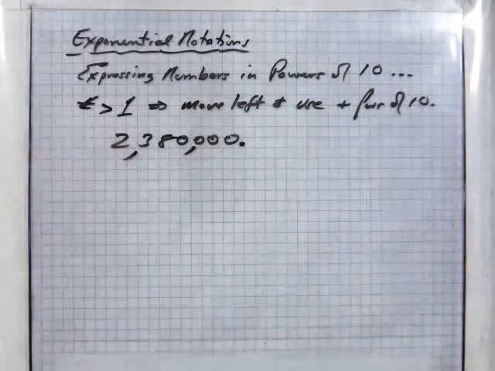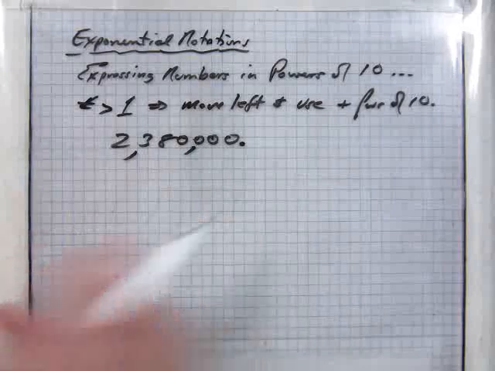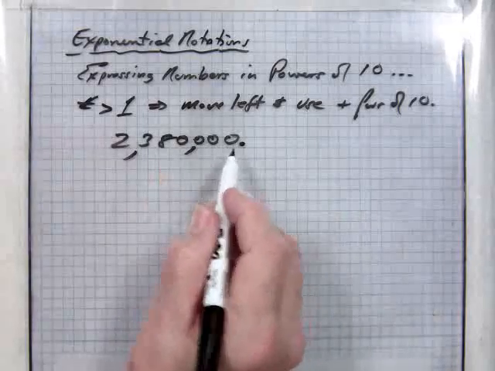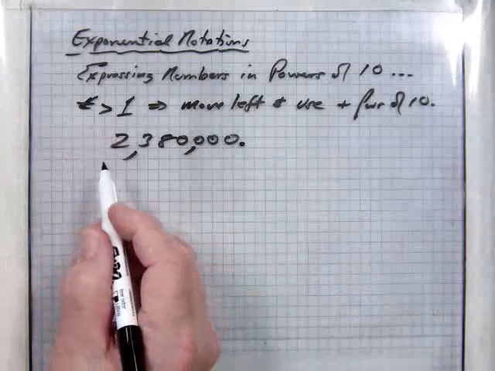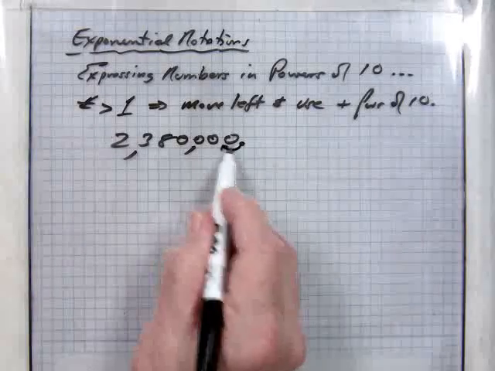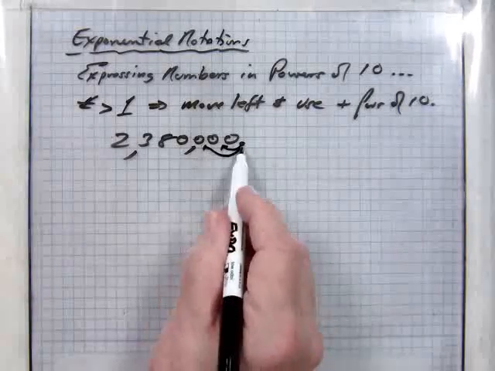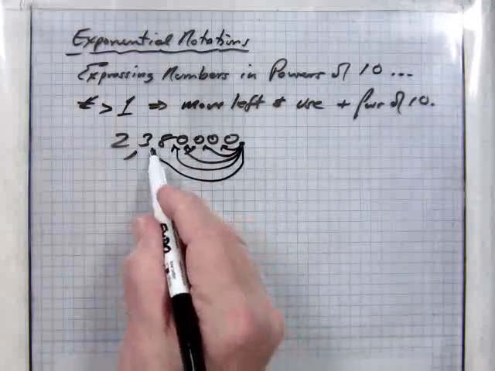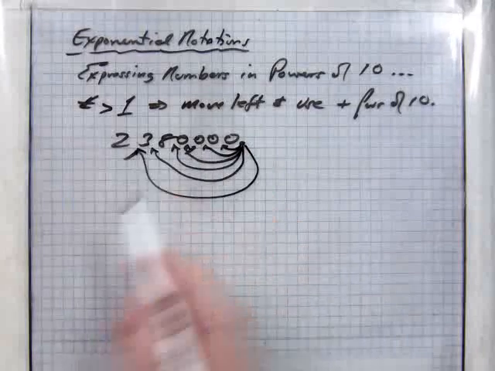For numbers greater than 1, you can put that decimal anywhere in that number you want. You can put that decimal in that place or that place, there, or there.